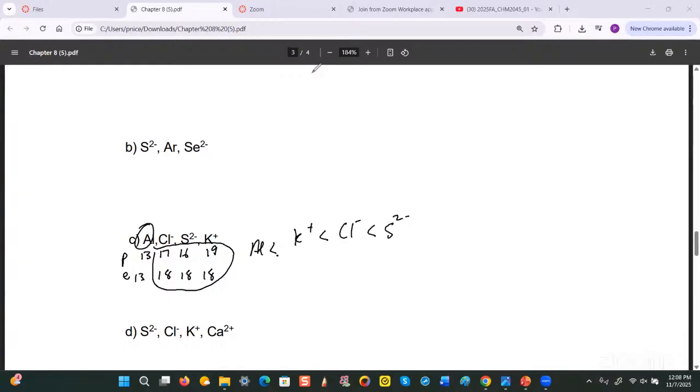Aluminum is in the same period as chlorine and sulfur. It's going to be the largest because it gets bigger as you move up and as you move left. It's above potassium and to the left of chlorine and sulfur. So aluminum would go here. My bad. You're absolutely right. So aluminum would be here. I'm going to recheck this, but I'm quite sure you're right.